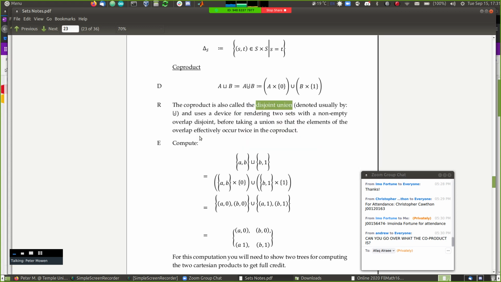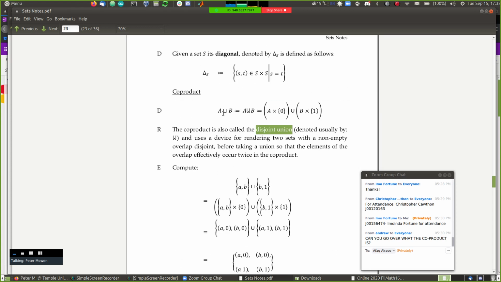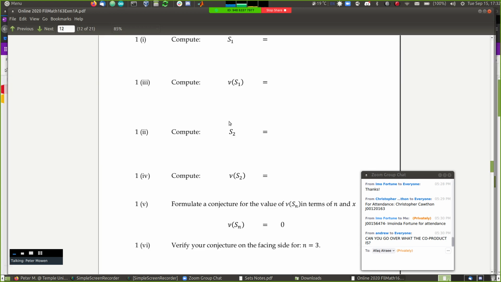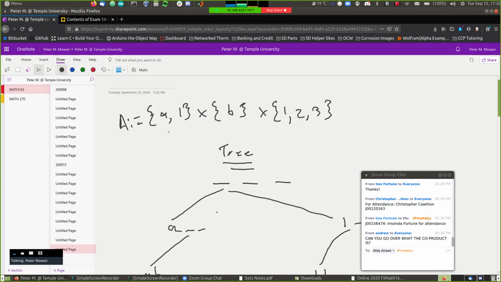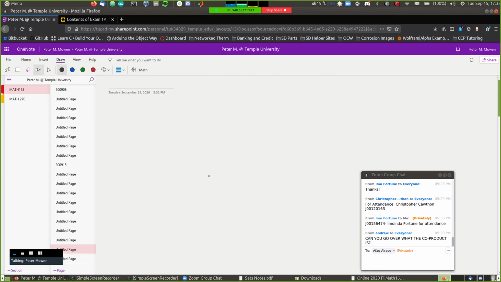Something that can get kind of confusing is that sometimes this is an operation and sometimes it is a property that two sets have. So I'll demonstrate this operation over here. So this is A coproduct B as an operation.